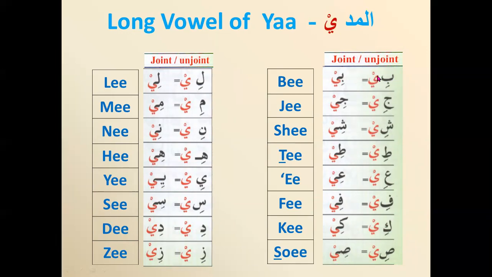So this is how you are going to memorize it, inshallah. So we're going to read this. We have li, mi, ni, hi, yi, si, di, zi.